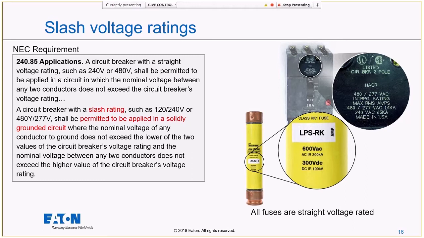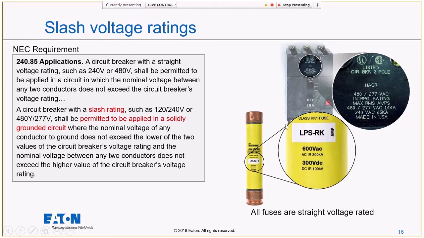About 85% of circuits in the United States are going to be solidly grounded Y. That's by far the most common, and therefore you can apply the slash rated components into those. Especially the vast majority of any sort of commercial, institutional type building, residential, those are all going to be solidly grounded Y. Now, unfortunately, it's the industrial market that sees some of those other types of circuits, right?